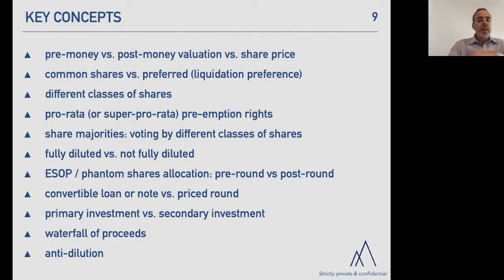Okay. Last, waterfall of proceeds. I will show you an example of what that means, but it basically means that after you've built a cap table, you take the final stage of ownership, so to speak, and you apply different scenarios of exit, and you calculate how much each of us gets if I sell the company for 100, 150, 500 million, or 1 billion, or whatever, right?